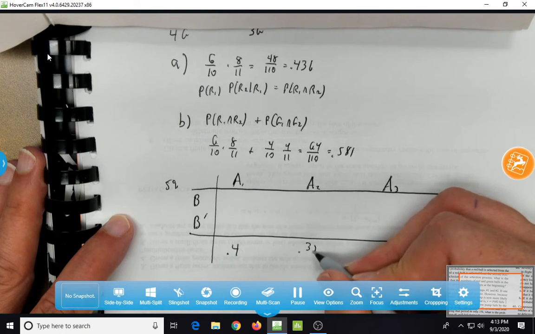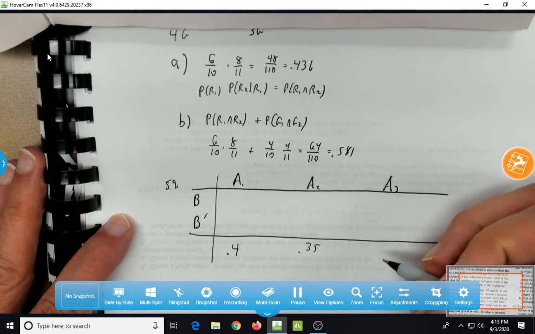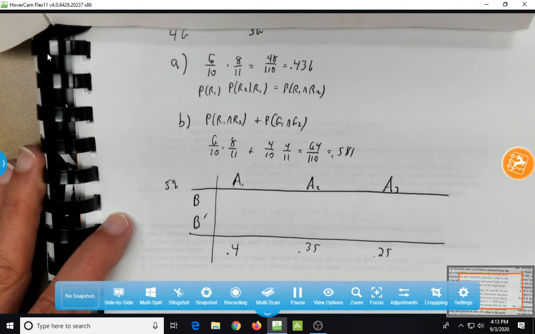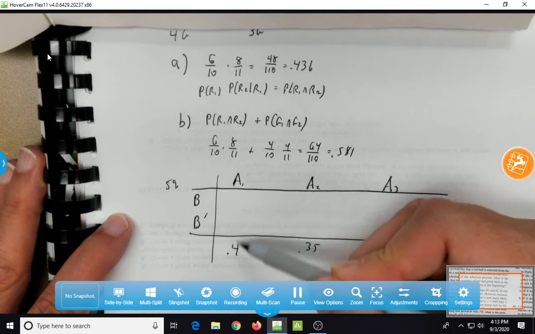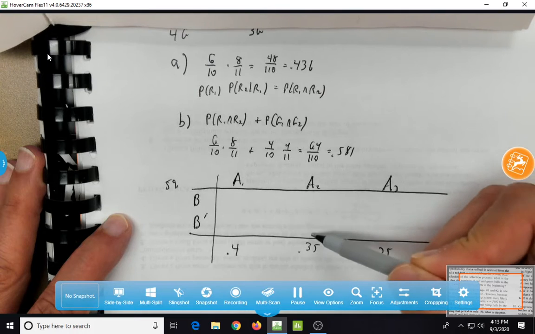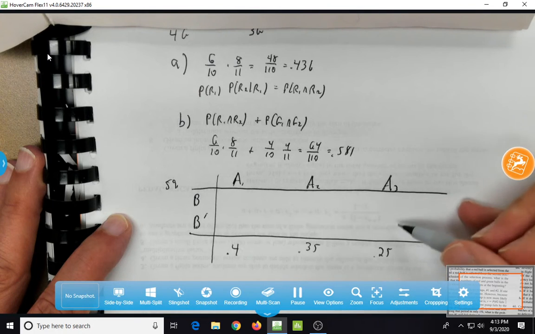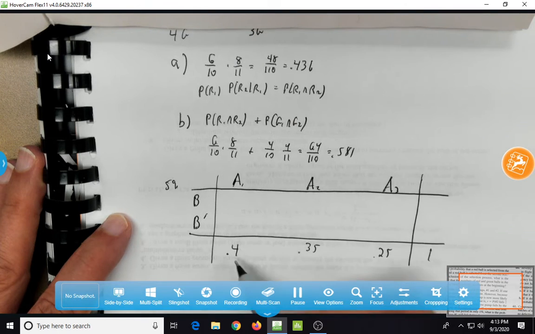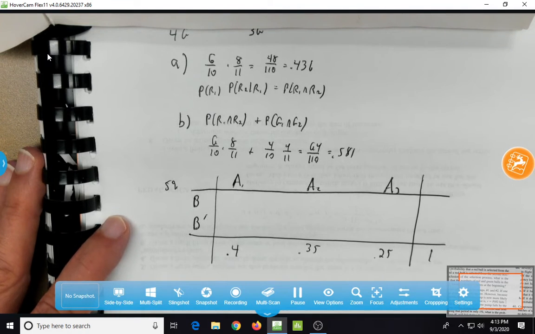I know that 35% use plus, and I know that 25% use premium. Whatever the two numbers in each column are, they have to add up to 0.4, 0.35, and 0.25. These numbers do add up to 1, and the total numbers also have to add up to 1.